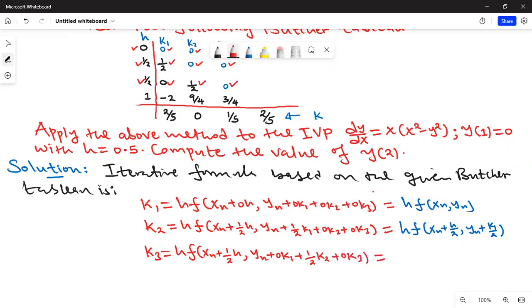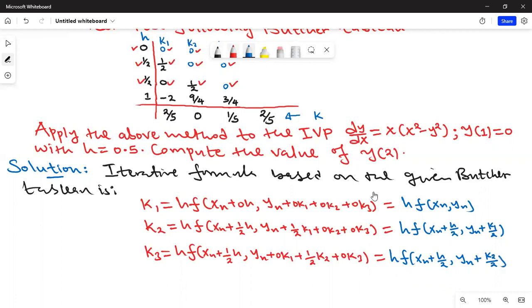If I simplify this, we are going to get h f of xn plus h over 2, comma, yn plus k2 over 2.